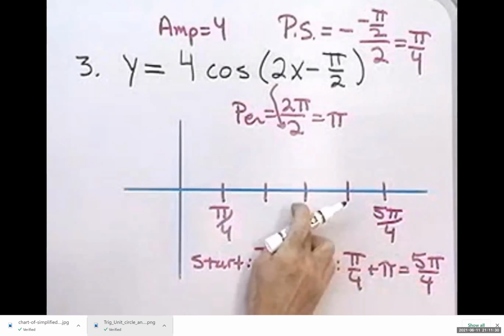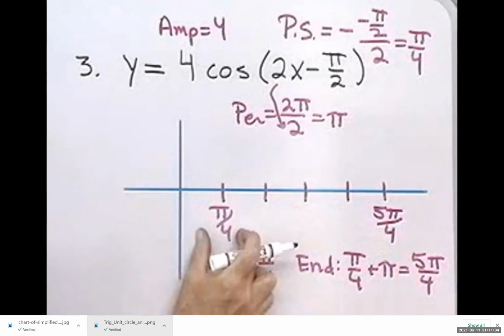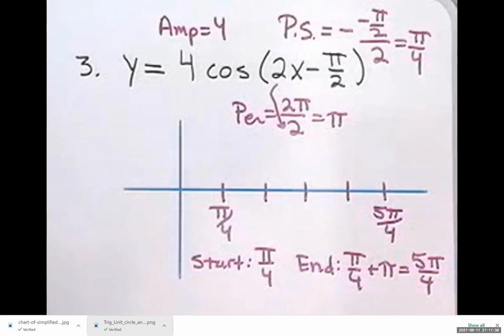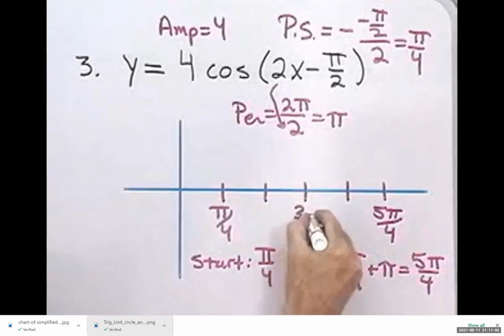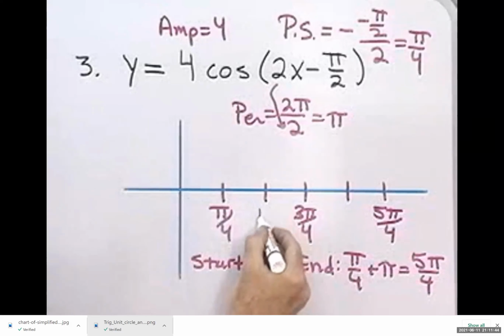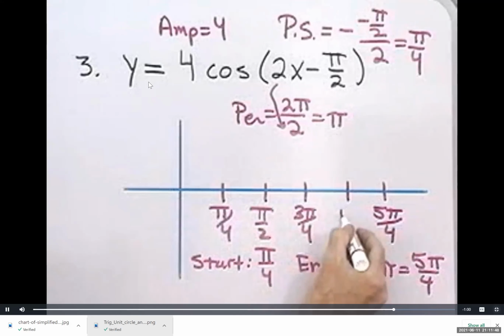If I want to know what point is halfway between, I will average these two. So I'll add them together. Pi over 4 plus 5 pi over 4 is 6 pi over 4, and divide that in half. So this will be 3 pi over 4. 1 pi over 4, 2 pi over 4, so that's pi over 2. 3 pi over 4, 4 pi over 4.